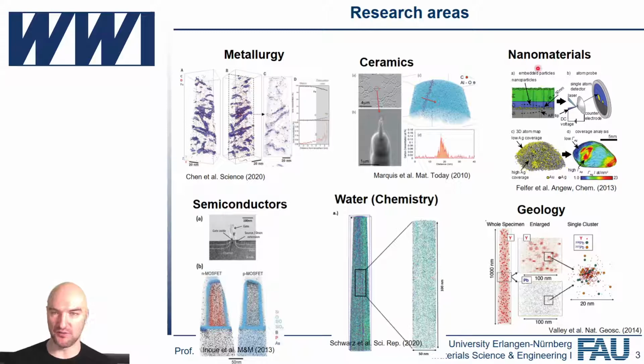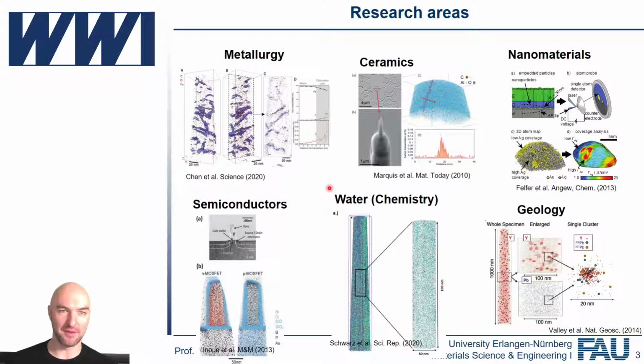And this is sort of an excerpt of the research areas that are currently covered with atom probe. Obviously, there's probably at least a dozen people here that could raise their hands and say, oh, what I'm doing is not covered here. But I think it's a very good thing. So it's actually being more and more expanded into further areas where we can use atom probe tomography.